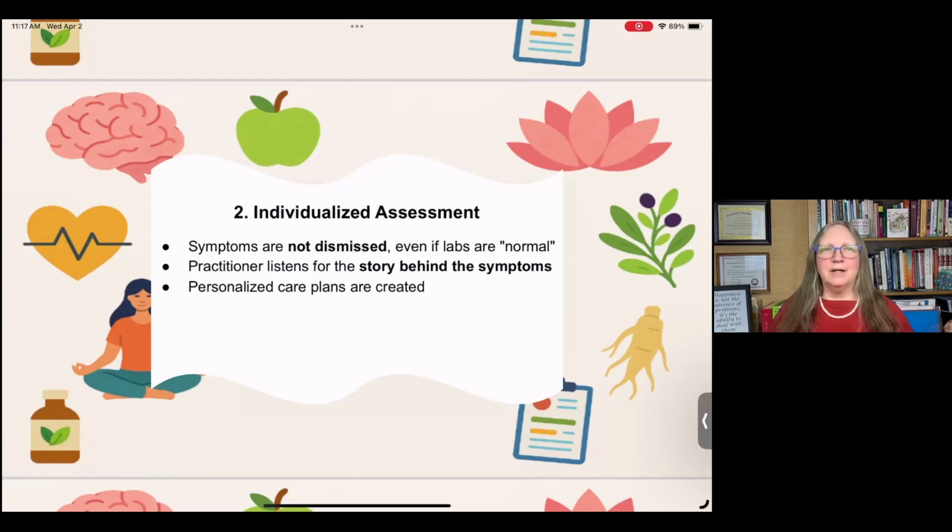And we create personalized care plans. They're very specific to the individual. And even then, if we're doing treatments with a bioscan device, or with auricular medicine, every time we do a treatment, we're treating differently according to where you're at in that moment, so that we can get you to a place of balance. And that's the whole point.